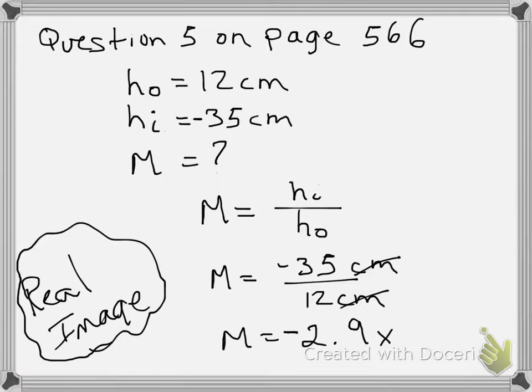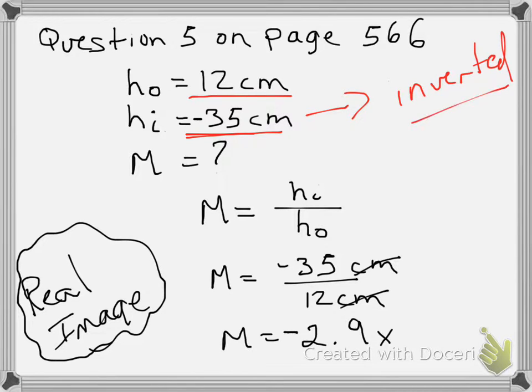So, object, upright, 12 centimeters. The image is inverted, so it is negative. If you read the question, it doesn't tell you it's negative. That's what you have to interpret from the question because of the way the image is oriented.